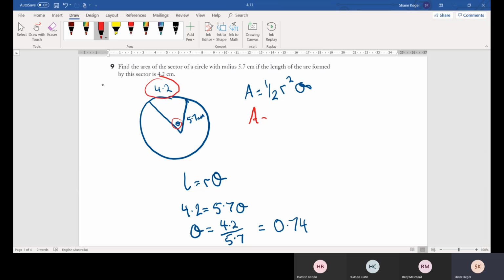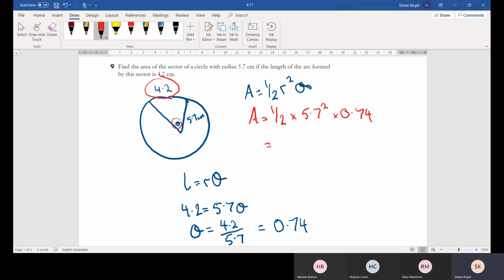So now we'll only have one unknown. Area equals a half times radius, which is 5.7 squared, times theta, which is 0.74.